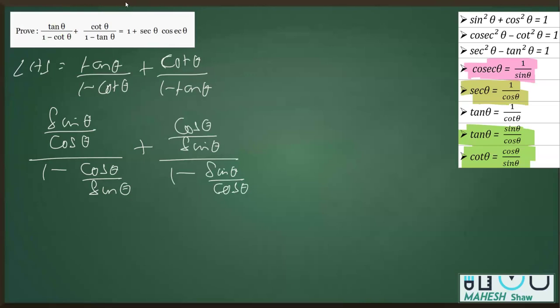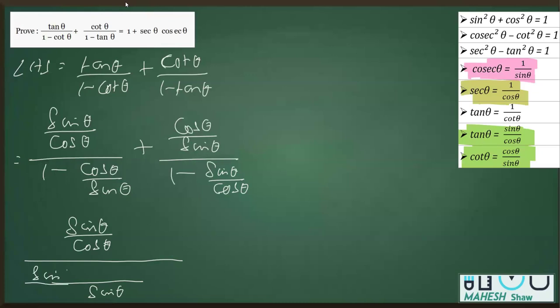Now, what we are going to do is to take LCM. In this part, I'm going to take LCM. So sine theta by cos theta is as it is. Now I'm going to take LCM over here. The LCM is sine, so 1 multiplied by sine is sine.